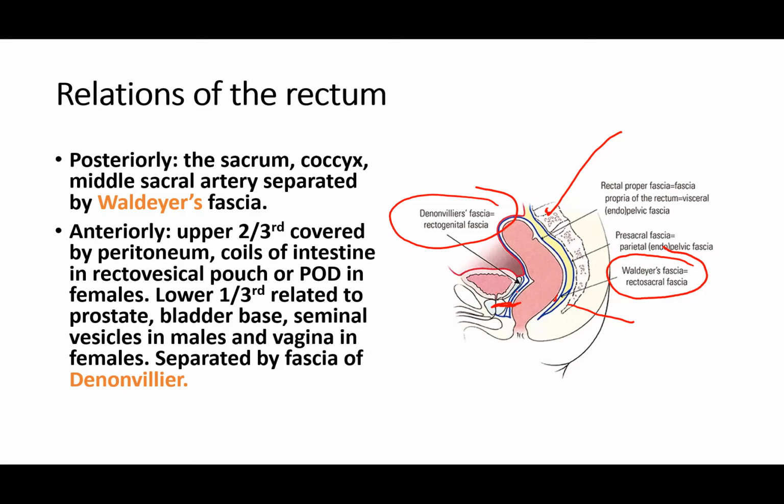Sometimes it bridges to enter the bladder. The patient will have pneumaturia, gas in their urine, or fecaluria, feces in their urine. Now, the fascia that is surrounding this is very important. Maybe we shall talk about it later.